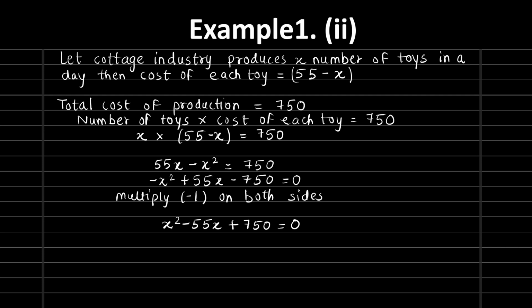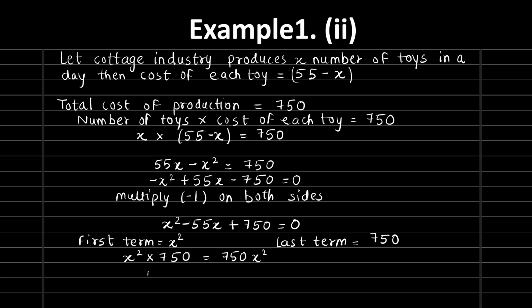Now again we will be writing down the first term and the last term here. So first term is equal to X square, and the last term, the constant term here, is equal to 750. Multiply both of them, we will get X square into 750, which is equal to 750 X square.